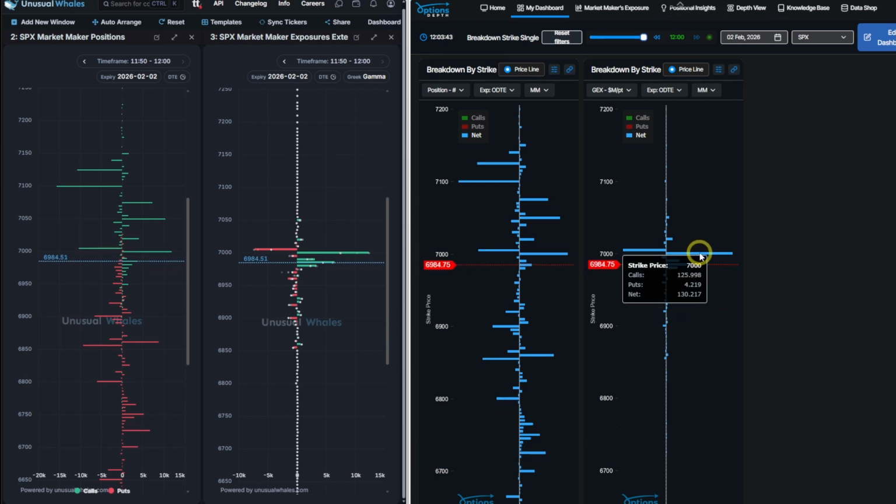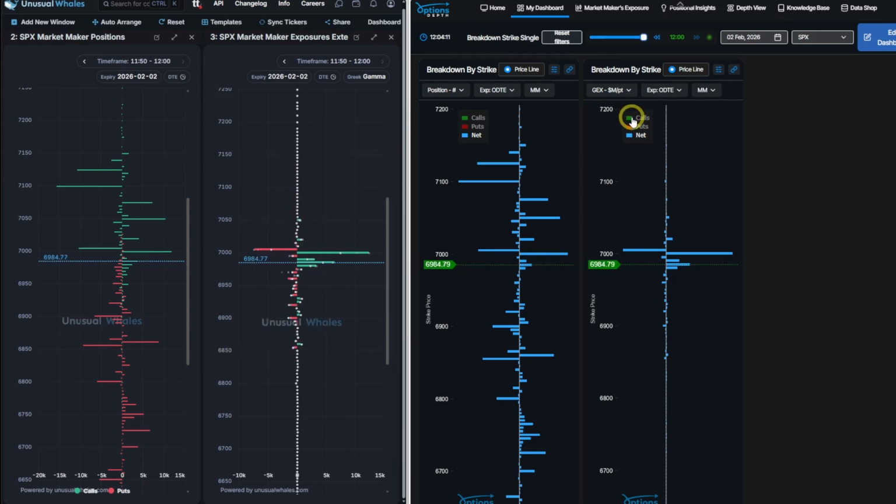It says 125.998 for calls. Here's a 7,000 strike on the other one, and it says 12,252.30 per gamma exposure. However they're doing the calculations, what's seen on the bar graph is looking the same, but the actual numbers being represented are different. I just wanted to point that out.